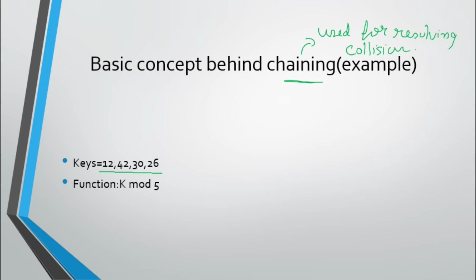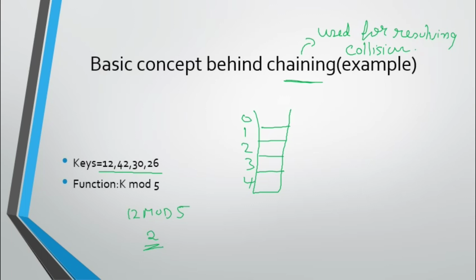Say 5 means I can have only 5 addresses here, so I compute k mod 5. That gives 0 to 4, that is 0, 1, 2, 3, 4. When 12 comes, what do I do? 12 mod 5, that is the division method function. 5 twos are 10, so the remainder is 2.